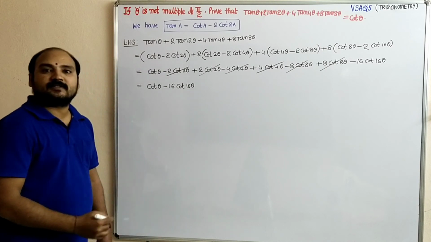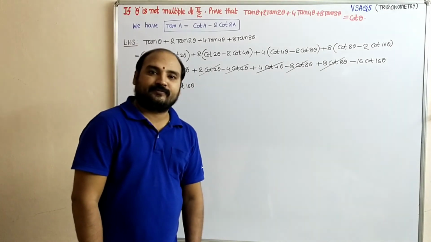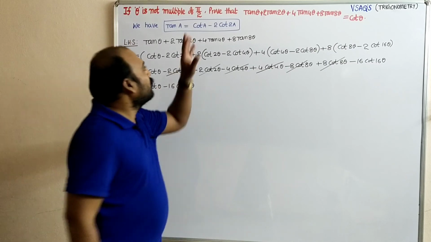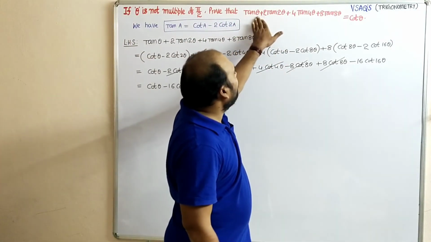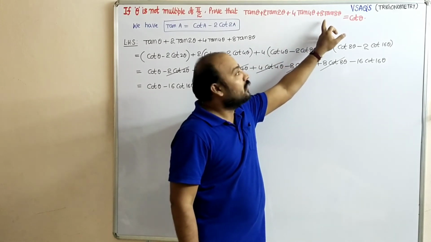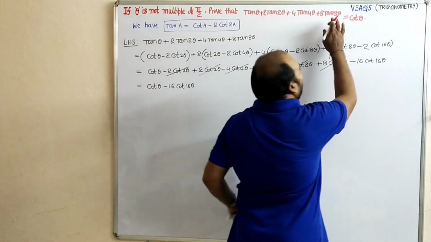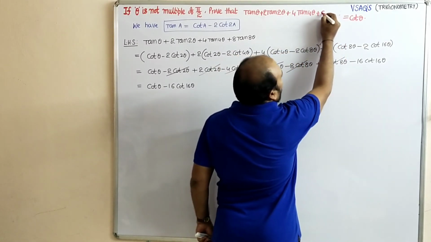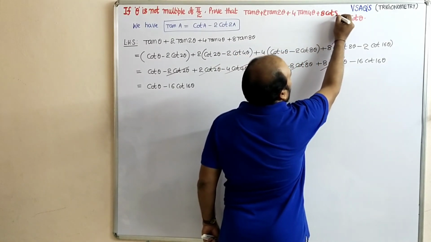So how to get it as cot theta? One minute. Yes, dear students, in the question itself, tan theta plus 2 tan 2 theta plus 4 tan 4 theta plus here 8 cot 8 theta, not tan 8 theta here, you remember. The question is 8 cot 8 theta.